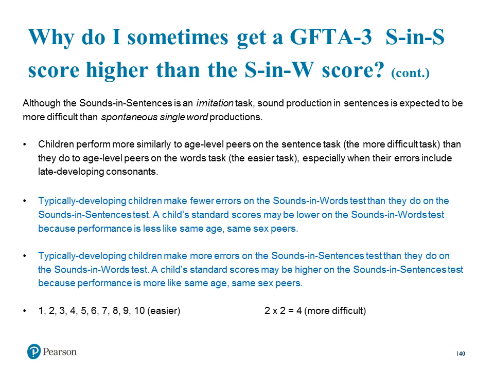So if they're more likely to get it wrong, that error isn't going to be as significant if a child who is atypical gets it wrong as well, versus sounds in words, an easier task, where a child who is developing their sounds normally is more likely to get it right, and so it's going to be more of a glaring error. Think about it in terms of, well, I like to think about it in terms of a math analogy.